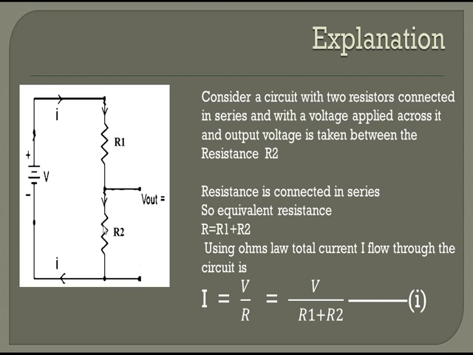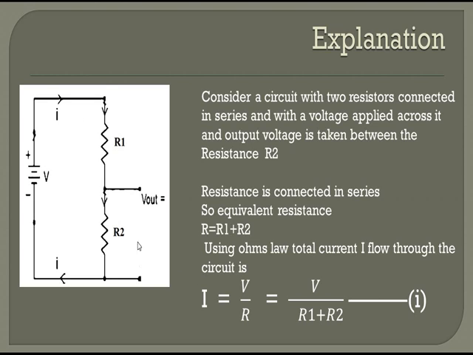Here two resistances are connected in series, so total resistance R is equal to R1 plus R2. Then current flows from the positive terminal through resistance R1, then through resistance R2, then to the negative terminal of the battery. Current flows in this loop.